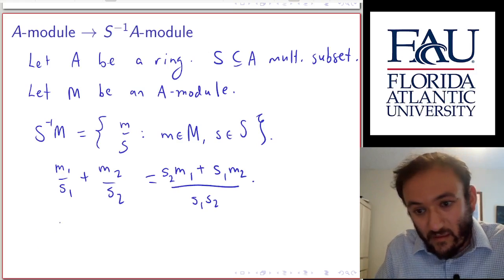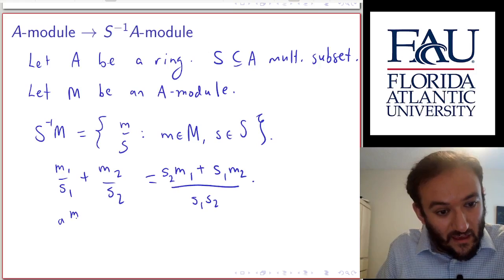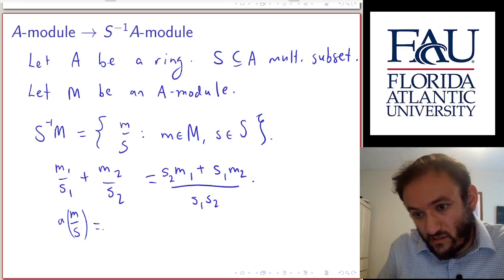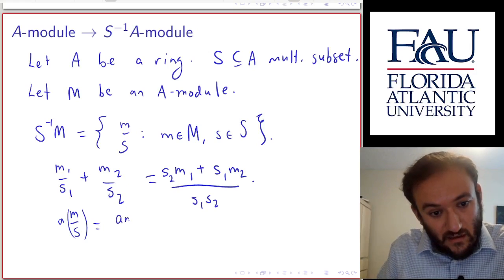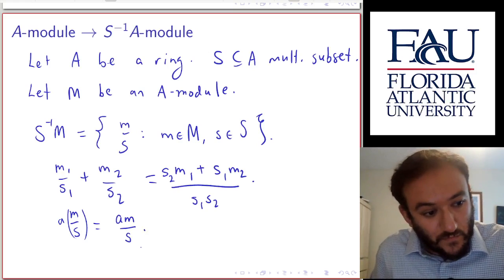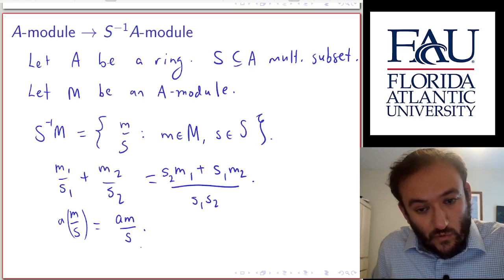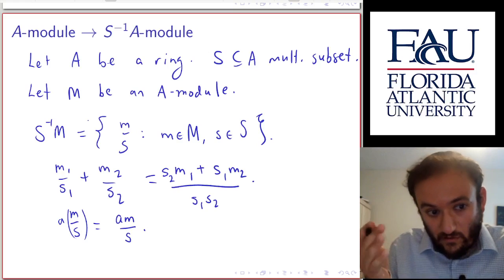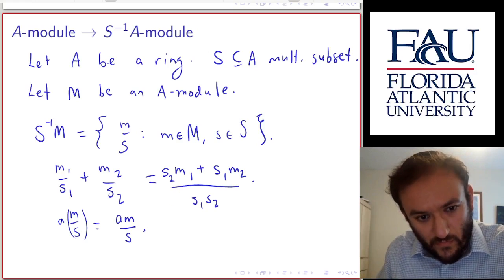And in terms of scaling by A, if you have A times M over S, you do it in the standard way. You just get AM over S, and then you apply the A multiplication that M already comes with.